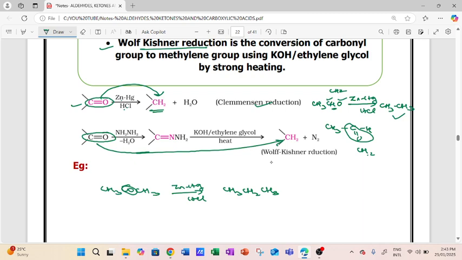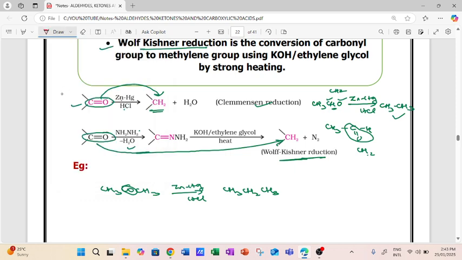But instead, if we use hydrazine, NH2NH2, the reaction is called Wolff-Kishner reduction. In the first step, there is a nucleophilic addition reaction.